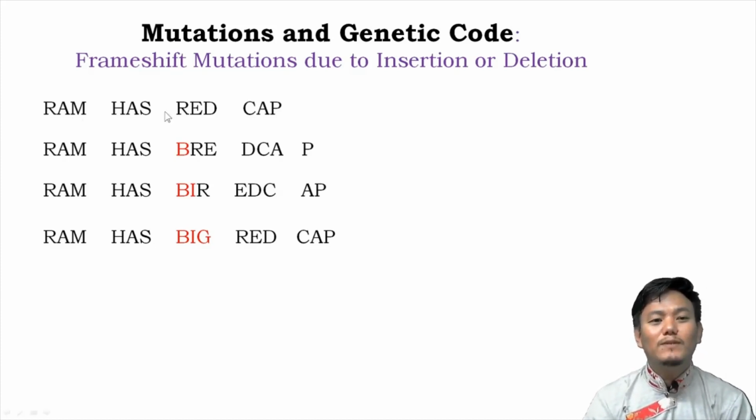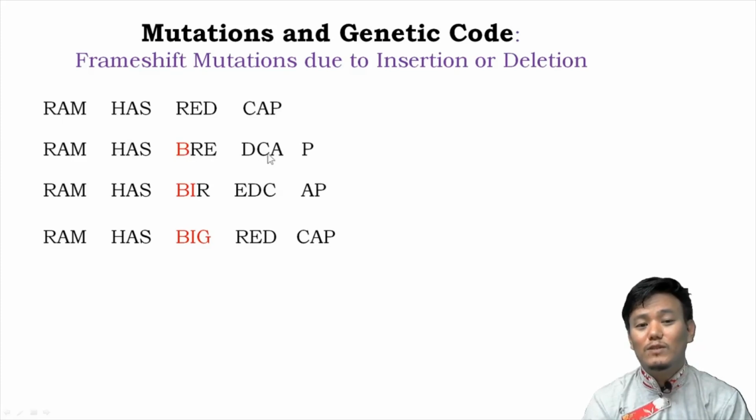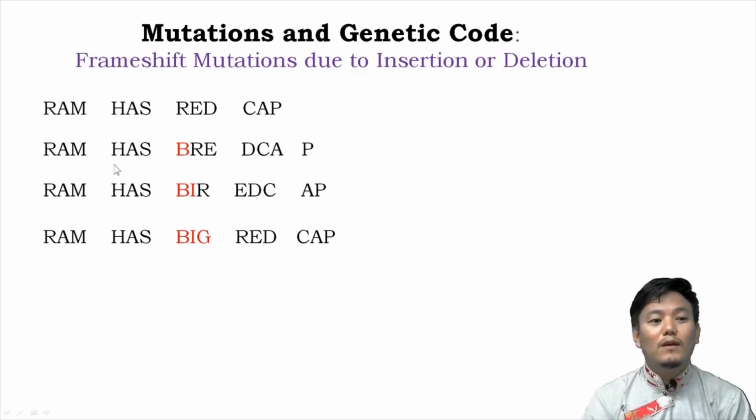Now what happens if we insert one letter before R, right? Ram has will remain the same, but thereafter the codons have changed and the meaning has changed. That means the amino acid sequence has changed from this point onwards. Again, if we add a second letter over here, the meaning or the amino acid sequence will remain changed from the point of insertion.